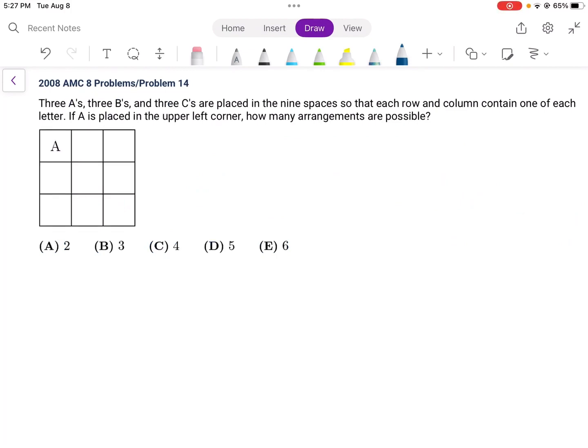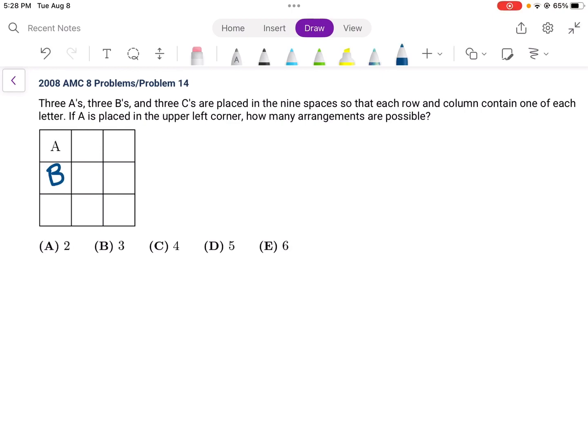Problem 14. 3 A's, 3 B's, and 3 C's are placed in the 9 spaces so that each row and column contain one of each letter. Therefore, let's first look at the column. A is fixed, and for the other two cells in the first column, we can put B either in the second or in the third cell.